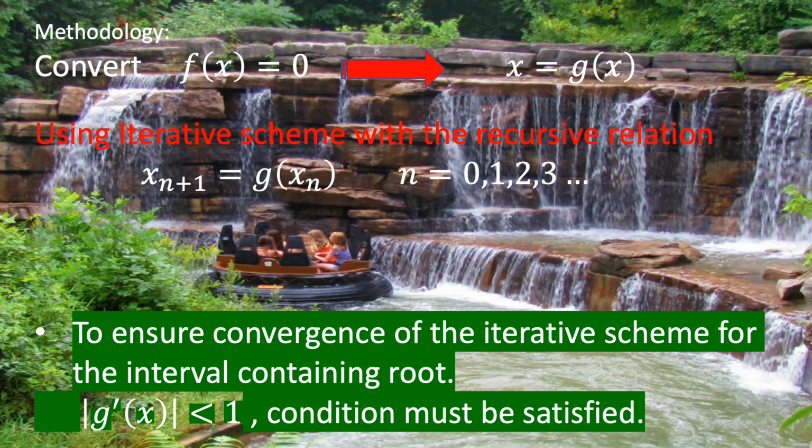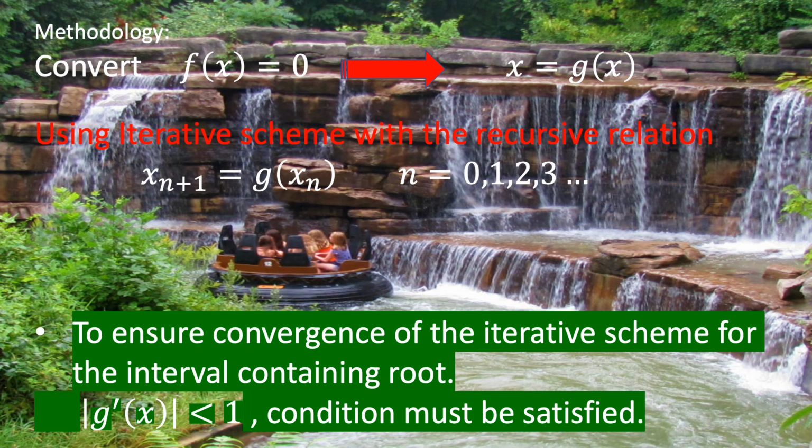How to find the approximation when we apply the iterative formula? The working solution: first we convert the function f of x equal to 0 into the form x equal to g of x.